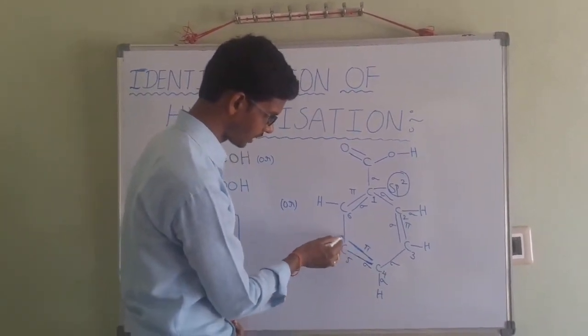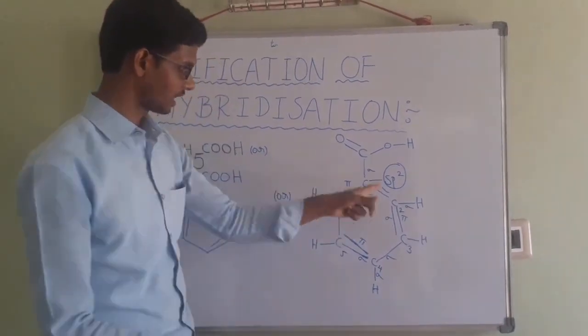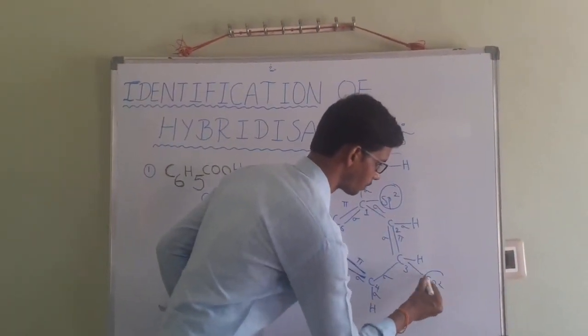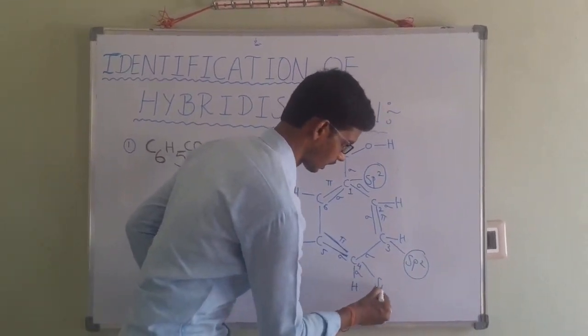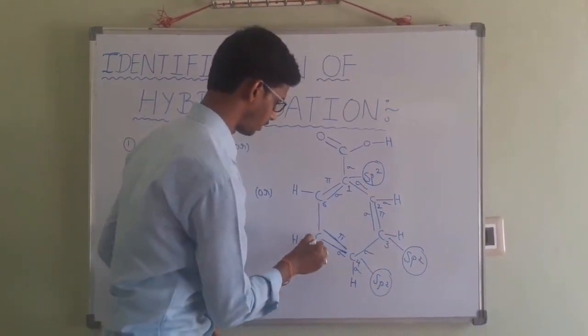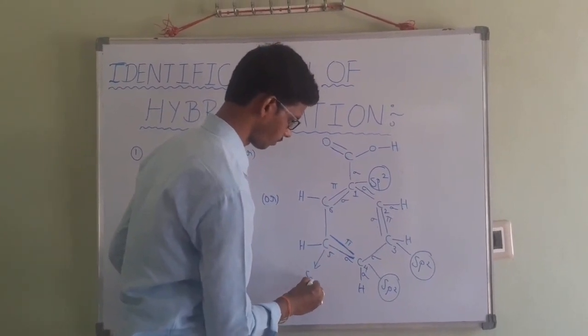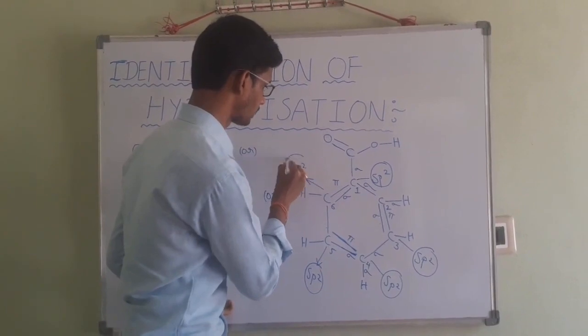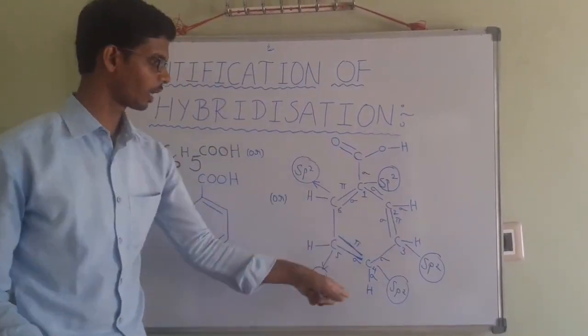This is the common phenomenon. All the 6 carbons have sp2 hybridization.